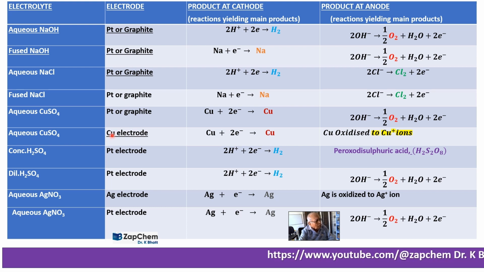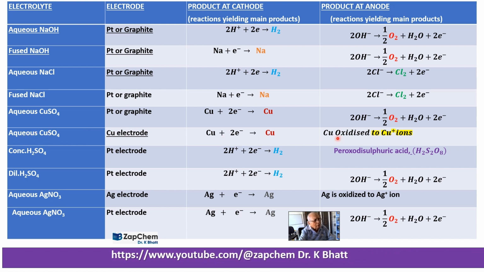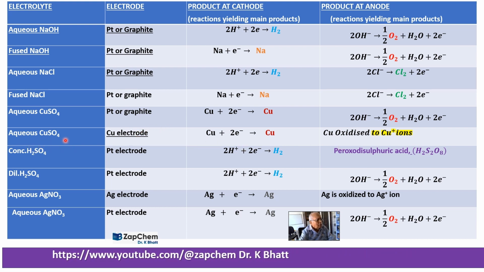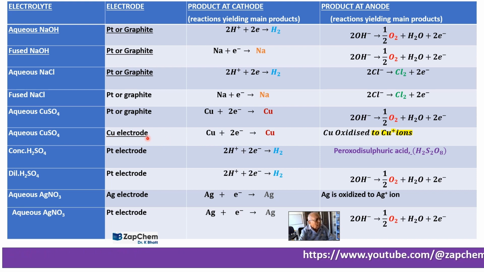Suppose we use a copper electrode using copper sulfate solution, then copper will be oxidized to copper ion and you may get copper sulfate deposited over there if a sulfate ion is there. Well, that will be at the cost of the copper electrode being used up.